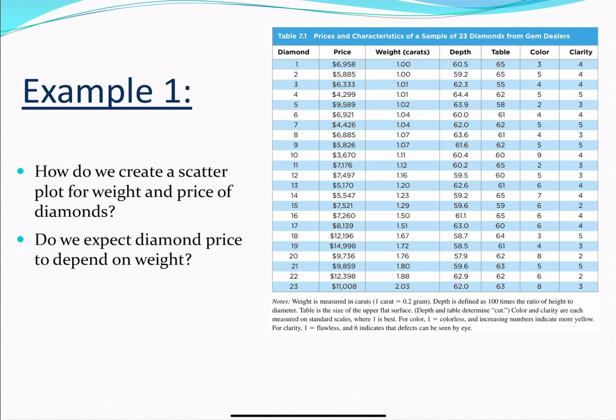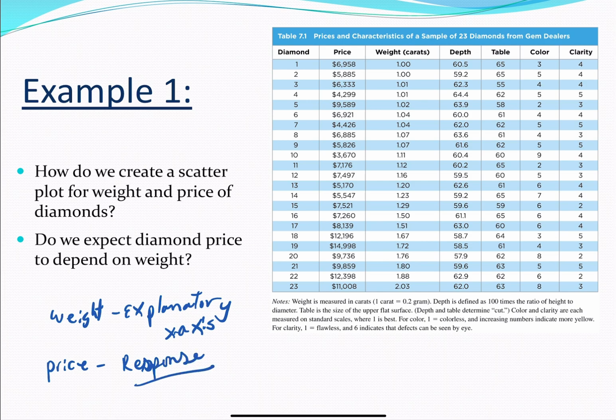So in this case, weight is going to be our explanatory variable, right? That's on our x-axis. And the price, well, that's going to be my response variable. The weight would explain the increase in price.